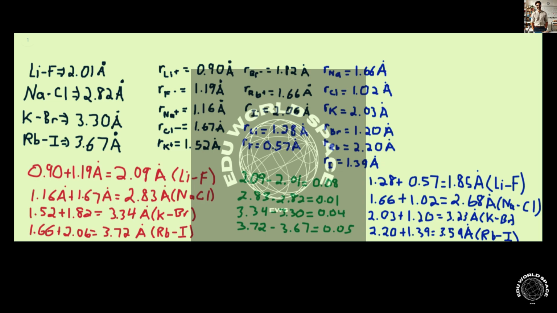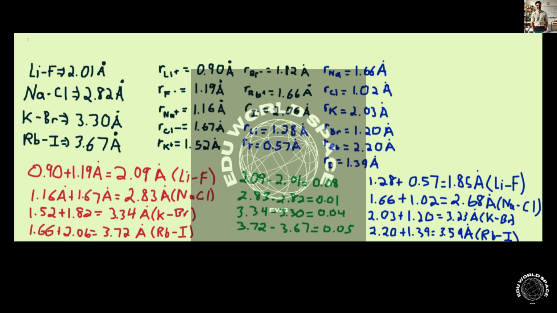When using ionic radii, you would have a difference of 0.08 for lithium fluoride. If you use neutral atoms, you're going to have a 0.16 difference. That's higher error for neutral atoms.